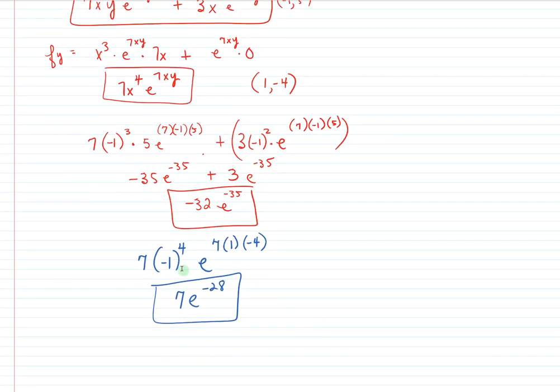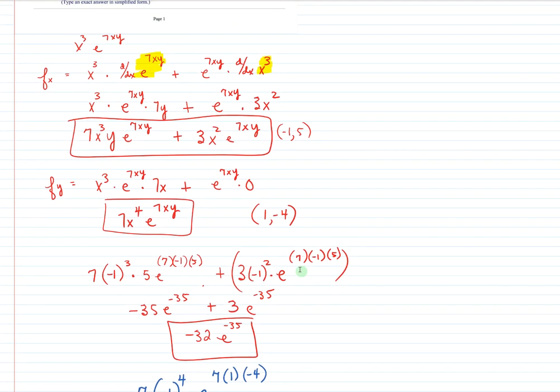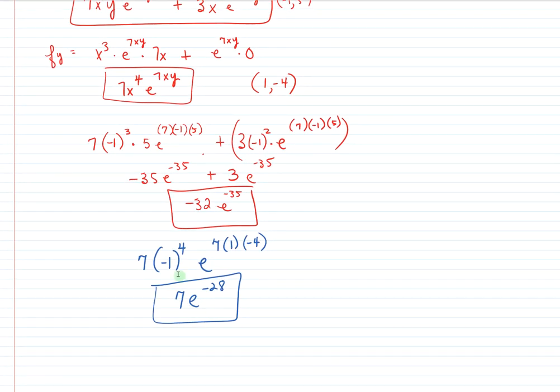When I plug in (1, negative 4) into this derivative, that should be a 1 here.